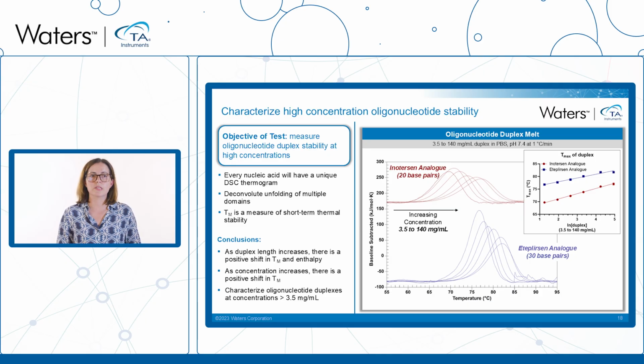Furthermore, you also see that as the duplex length increases, melting temperatures shift to higher temperatures independently of concentration. So again, we show the value of testing at higher concentrations. And in this case, we went as high as 140 mg per ml for oligo solutions. So one can evaluate how concentration affects stability of these biomolecules.